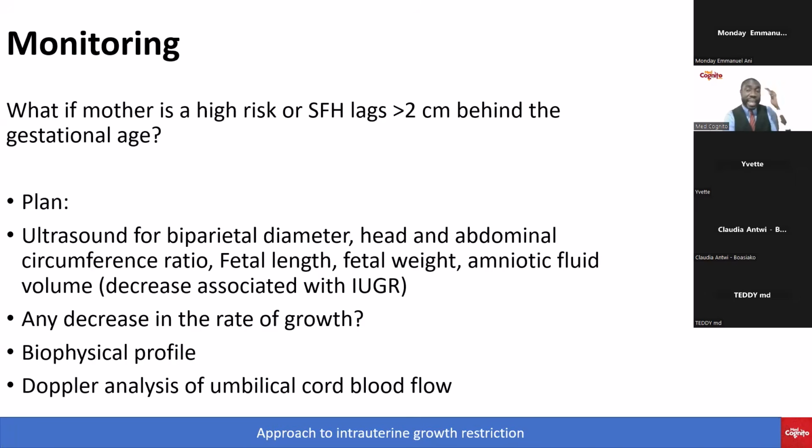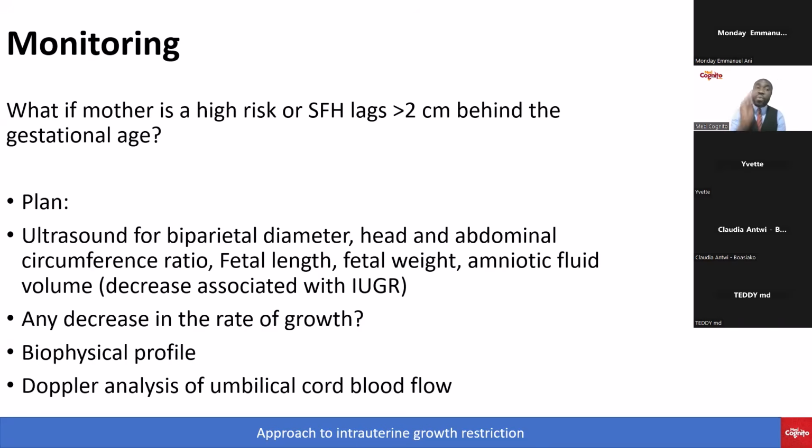Ultrasound to assess the head of the baby, to assess the abdominal circumference, to check the fetal length, to check the fetal weight, to check for amniotic fluid volume. And you also want to assess whether there's any decrease in the rate of growth of the baby. And you want to check the biophysical profile of the baby. And you want to do Doppler analysis of the umbilical cord blood flow.